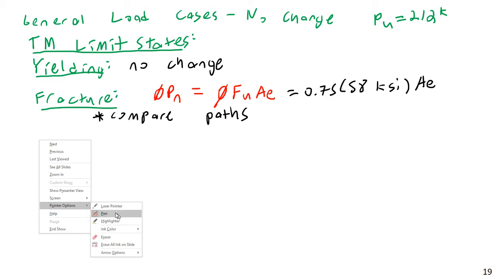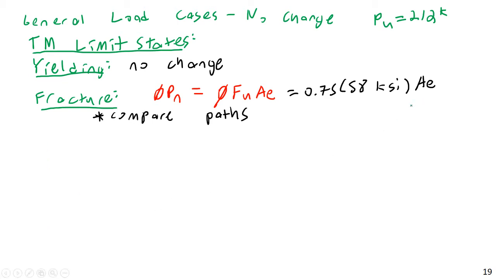We'll be using the area effective, but first we need to calculate the area net. So let's look at the one hole path.